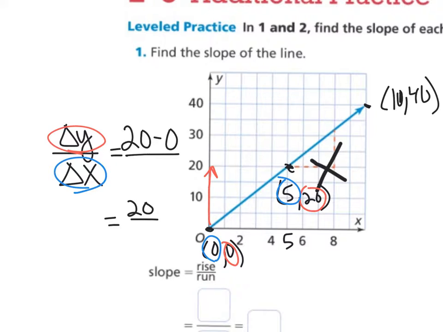So our x is going from 0 to 5. So our change in x, we could take 5 minus 0, which is 5. And at that point we have 20 over 5, which means 20 divided by 5, which is 4. So our slope would be 4.